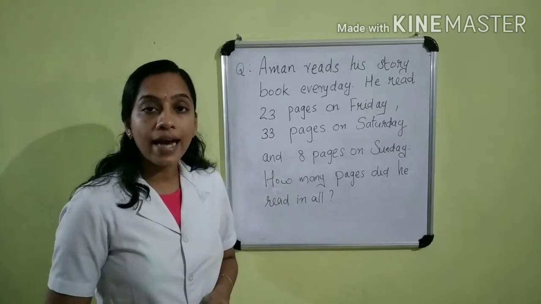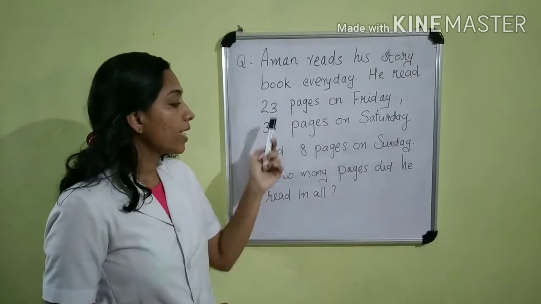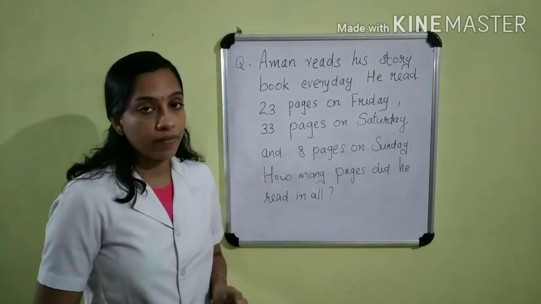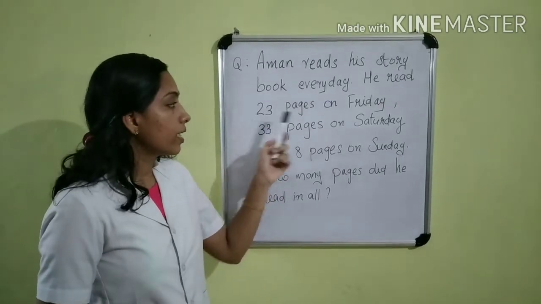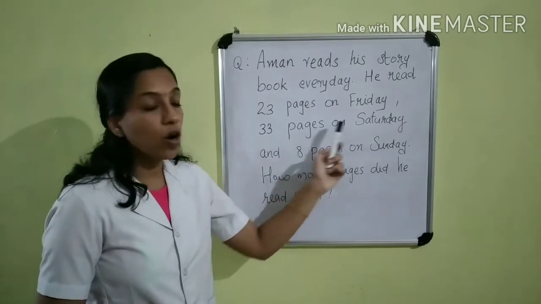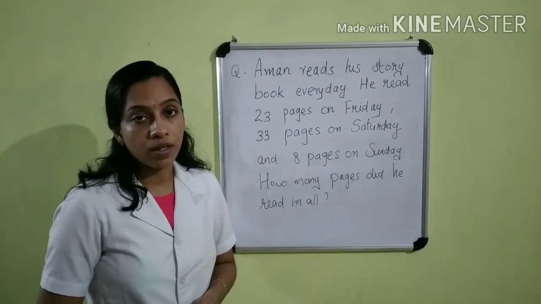We know the addition of three numbers. Here we have three numbers, that is 23, 33 and 8. That is, he read 23 pages on Friday, 33 pages on Saturday and 8 pages on Sunday.